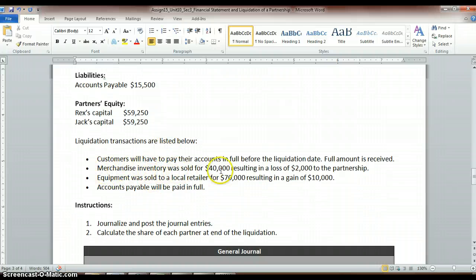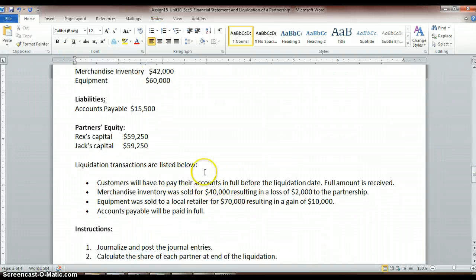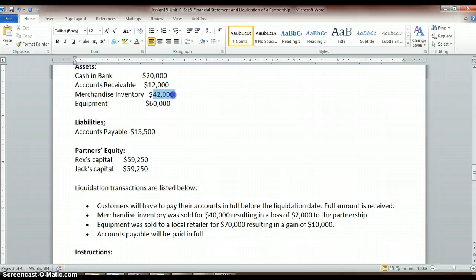Then merchandise inventory was sold for $40,000, resulting in a loss of $2,000 to the partnership. Okay, so that's going to be like in part one. We sold it for $40,000. It was worth $42,000. So we have a loss of $2,000 that needs to be split evenly this time by each of the owners.